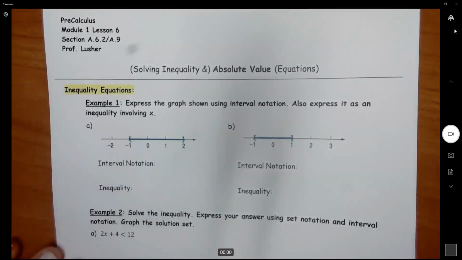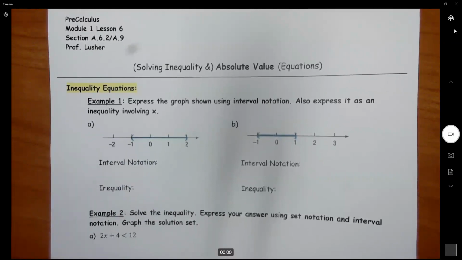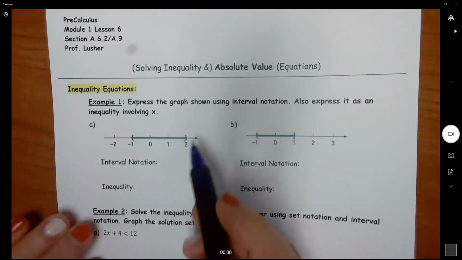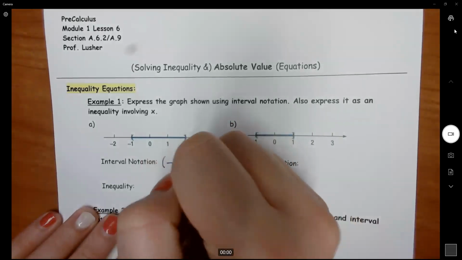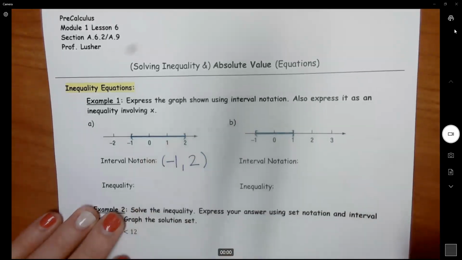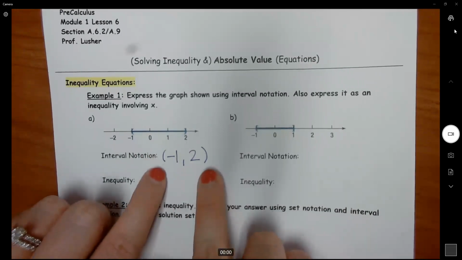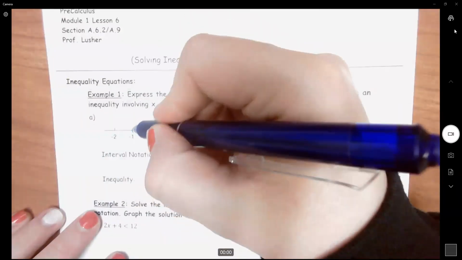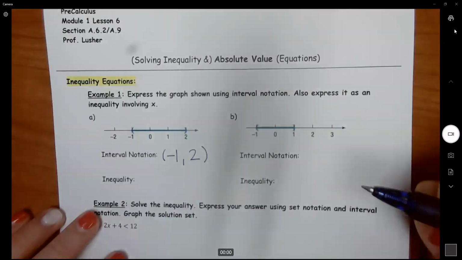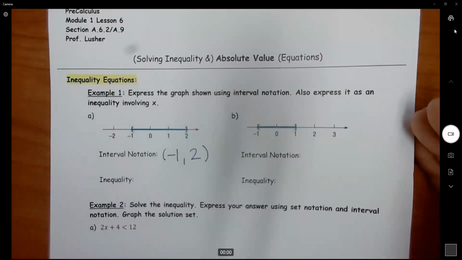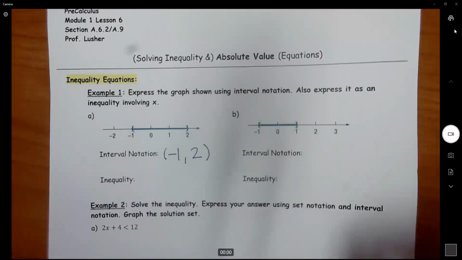And so that's where interval notation becomes really handy. When I write this in interval notation, I can say this is -1 to 2. I'm putting parentheses here because my graph is also giving me parentheses. And what those parentheses represent is that those numbers are not included.